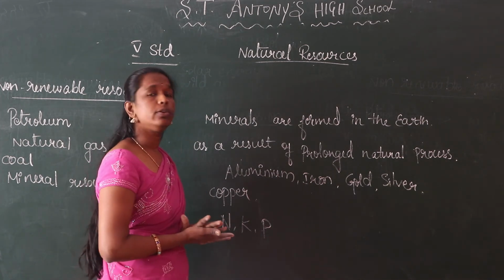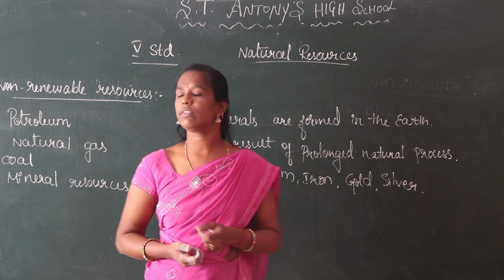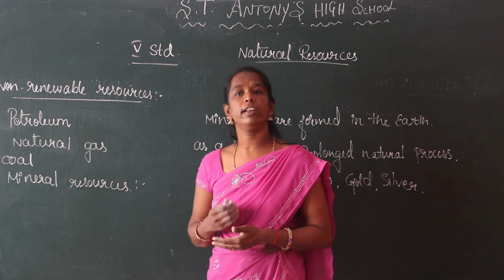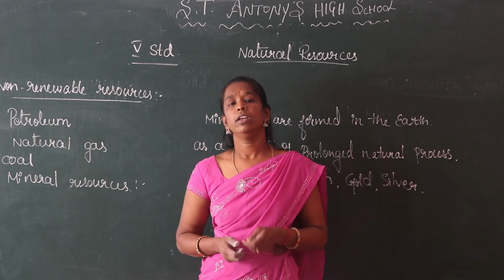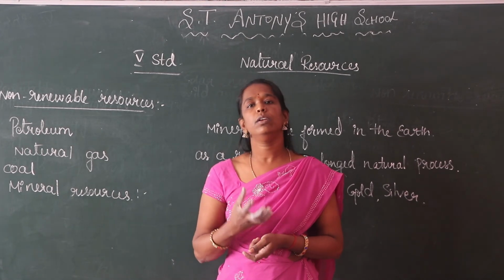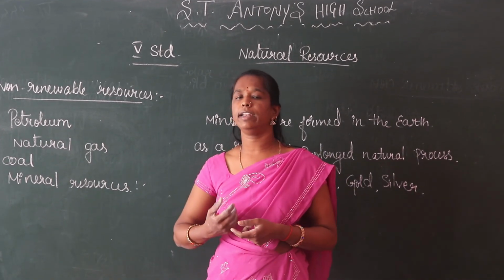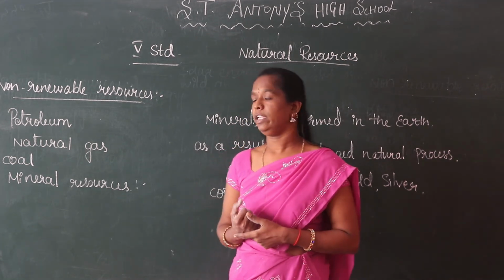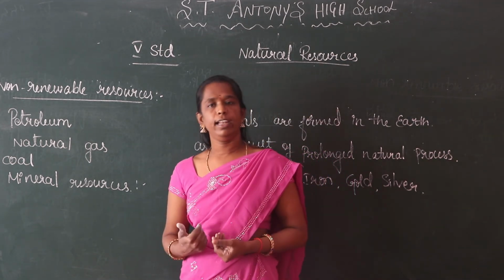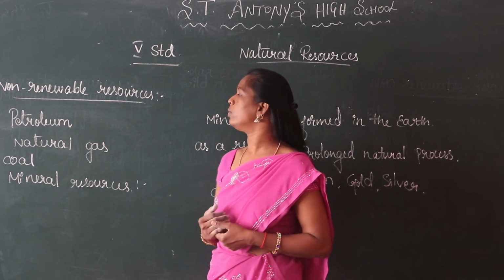Okay, children. For continuous usage, we need to conserve the non-renewable and renewable resources also. For renewable resources, for example sunlight, use more solar energy compared to other electrical energy. Use solar energy for daily usage, and home appliances can also use solar energy.